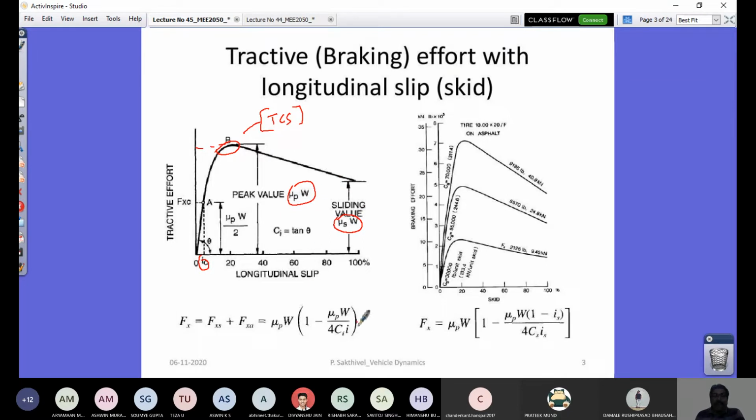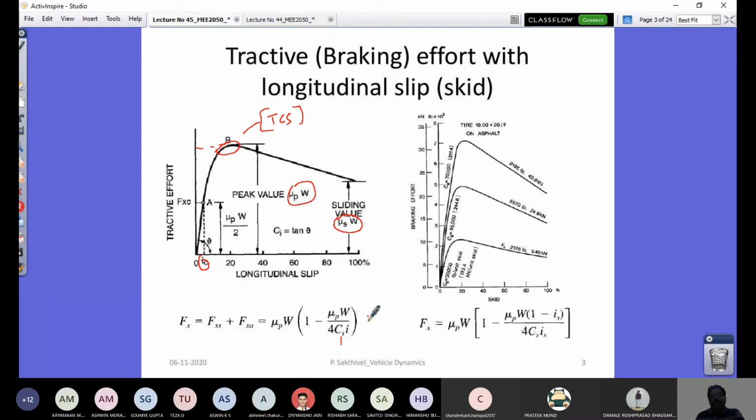You see that this equation here is bringing in what is called Ci, the longitudinal slip stiffness, where i is slip, and your Fx, which is the addition of the force generated in the sliding zone as well as in the adhesion zone, is a function of μp, W, Ci, and i. So this is the expression which is going to account even for this portion, the A to B nonlinearity.